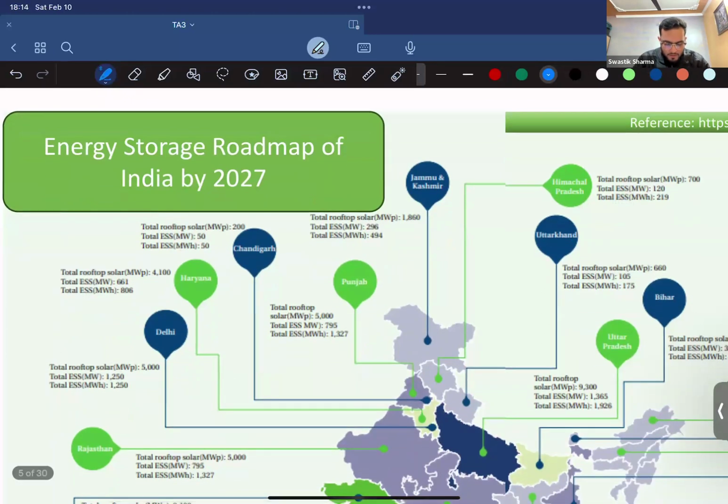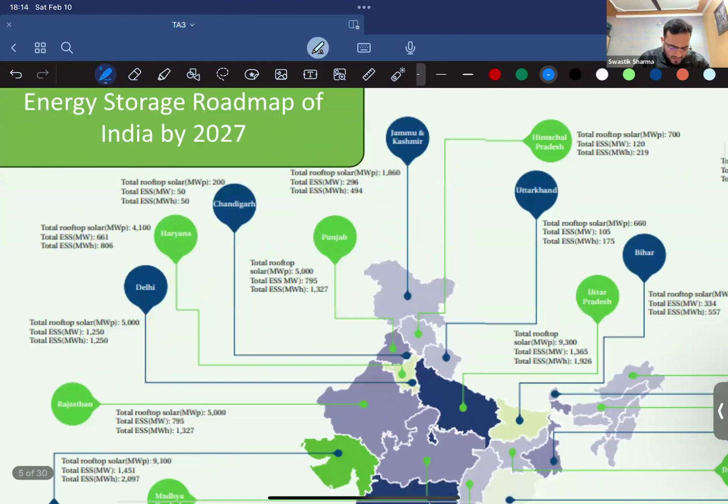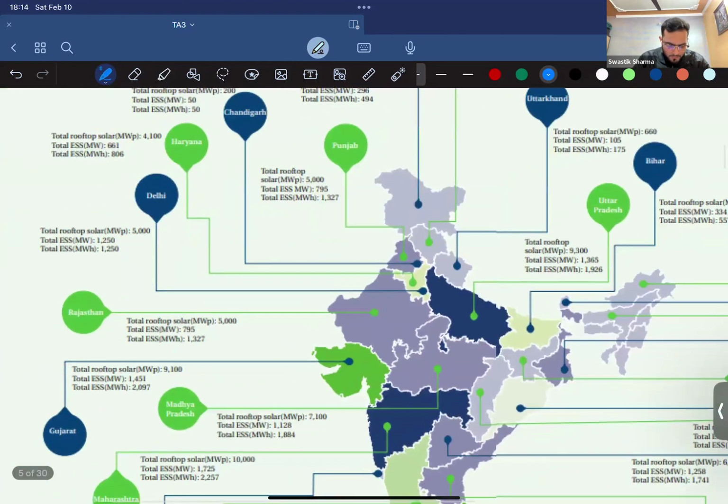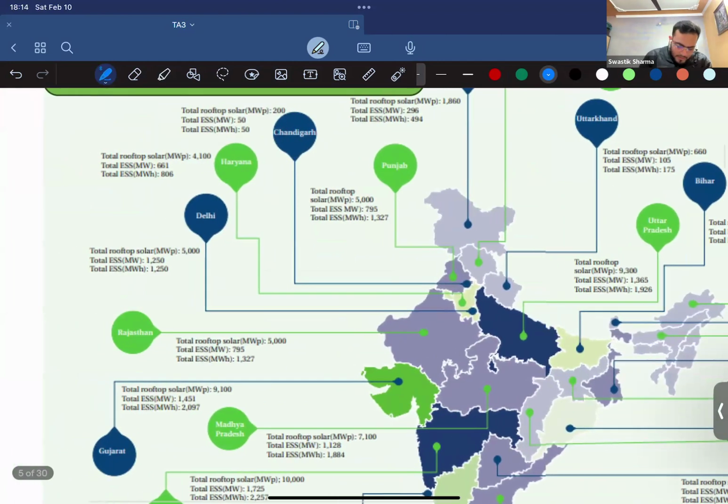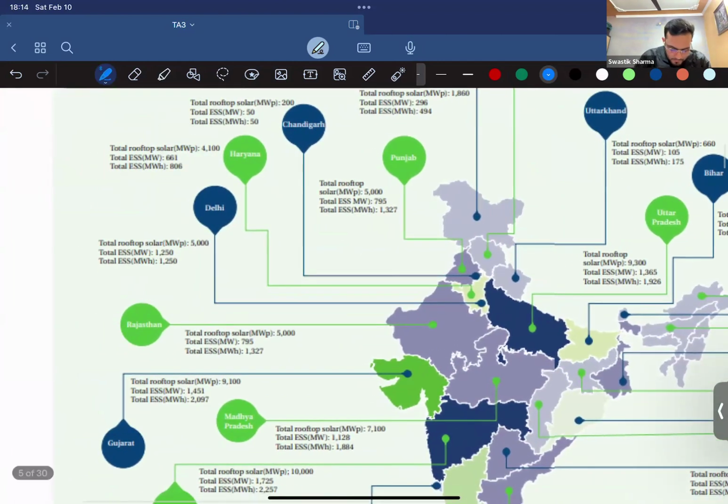It has a total rooftop solar of 1860 megawatts, so we want total ESS to be 296. And then Chandigarh, Rajasthan, which currently has the highest number of solar rooftops, we want it to have a higher number. So we are projecting 5,000 and a total ESS of 795 or 1327 megawatt hour.